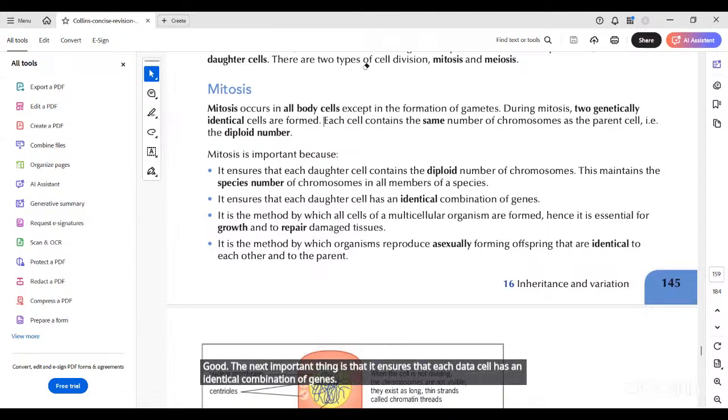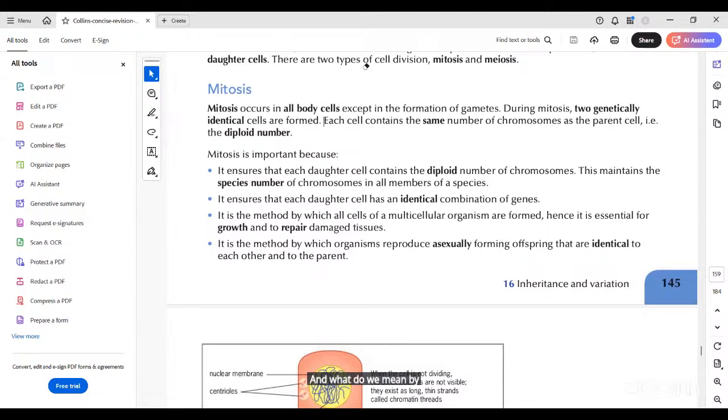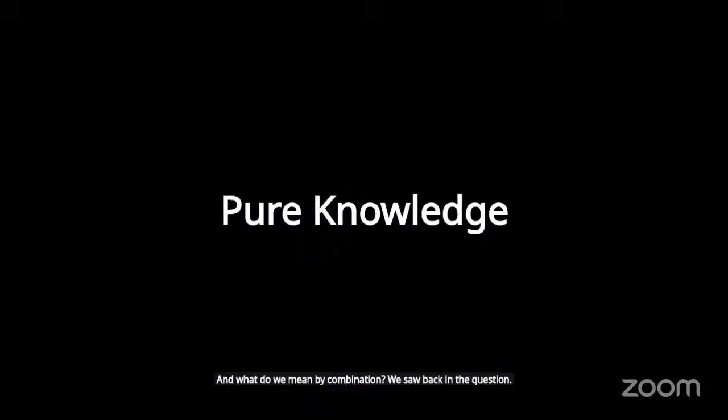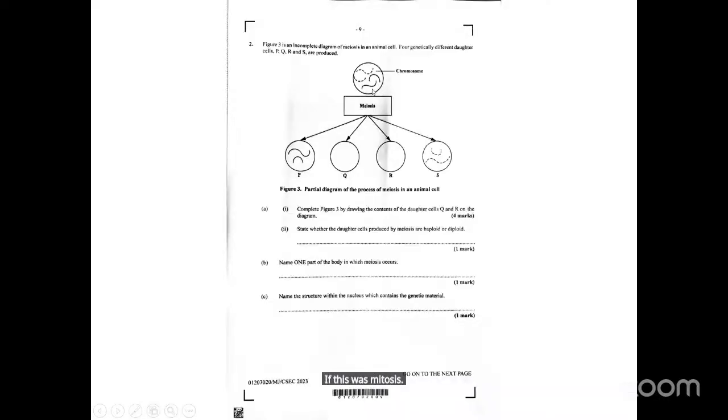And what do we mean by combination? Let's jump back to the question that you were asked. If this was mitosis, it would mean that all of the daughter cells would have to be just like the parent. So everybody would have to look like this.